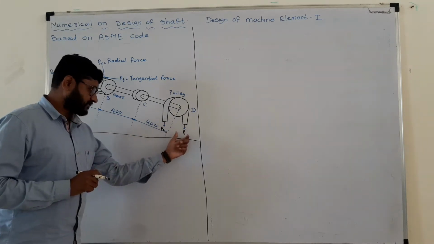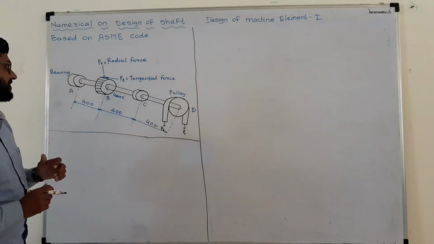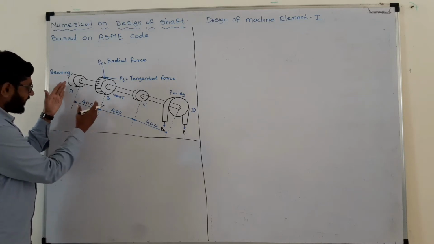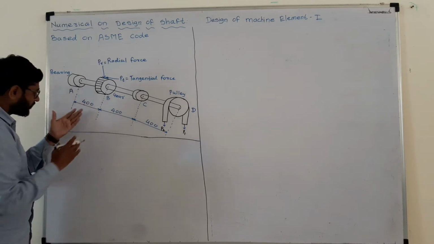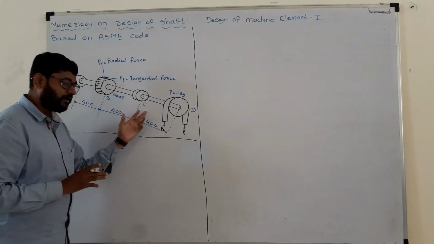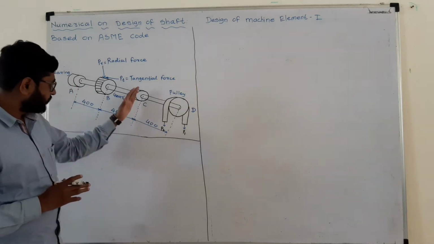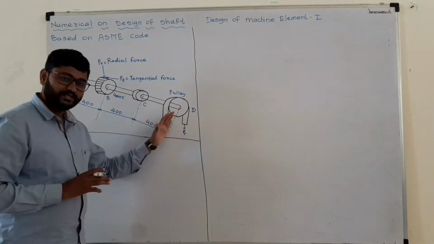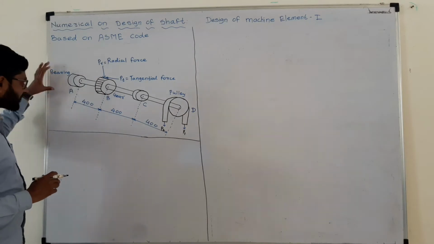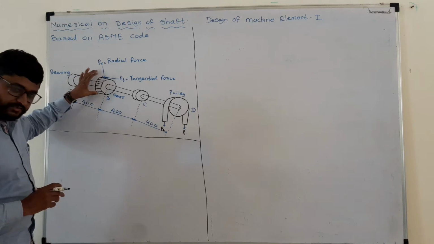P1 is the force on the tight side and P2 is the force on the loose side. The distance between bearing A and gear B is 400, the distance between gear and bearing is again 400, and the distance between bearing and pulley D is 400.